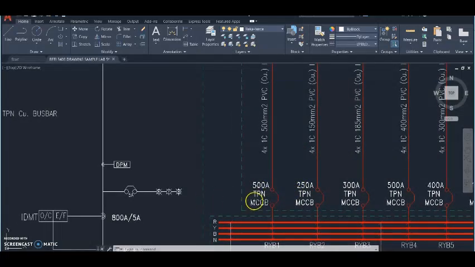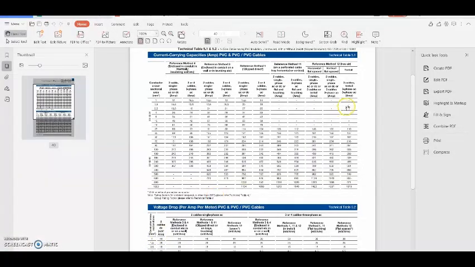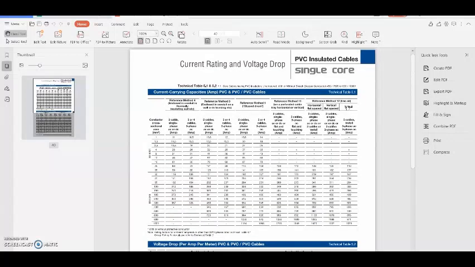After we know the IN, we go to the table for PVC insulated cable, and then we choose reference method 3, which is enclosed in conduit on a wall or trunking. Actually our circuit single line diagram is for three phase, so we choose 3 phase, and then we find the IZ.